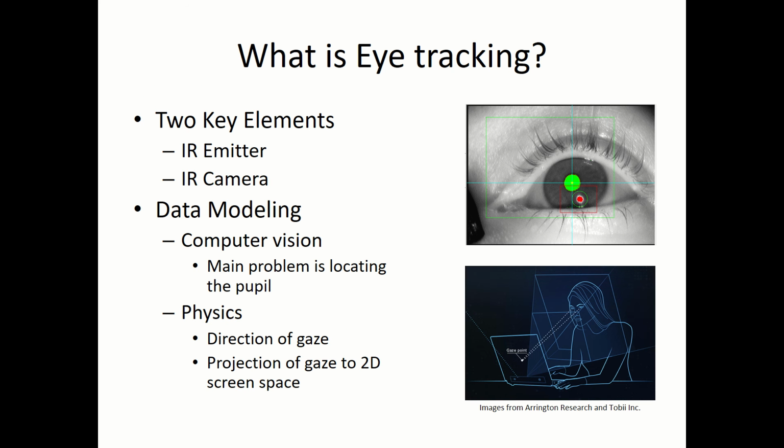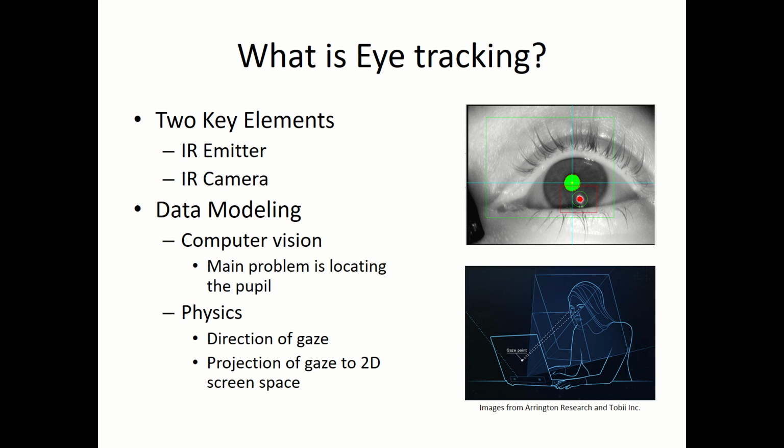So first I wanted to give a very nuts and bolts overview of what eye tracking is, what an eye tracker is. There are basically two key elements to the eye tracker.